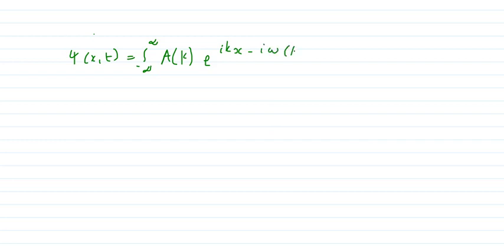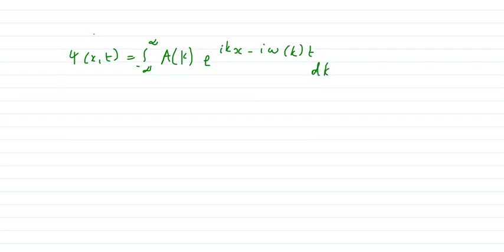Okay, so our wave function psi of x comma t is equal to the integral from minus infinity to plus infinity of a of k exponential i kx minus i omega of k into t dk.